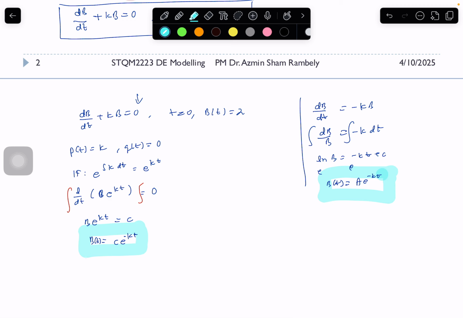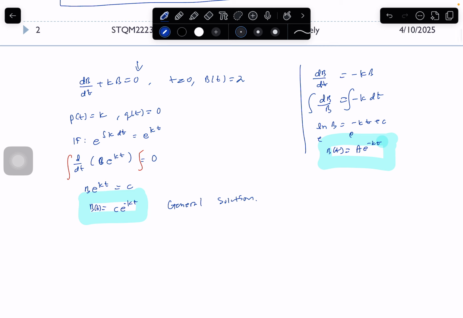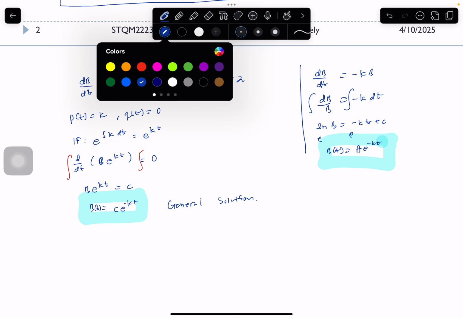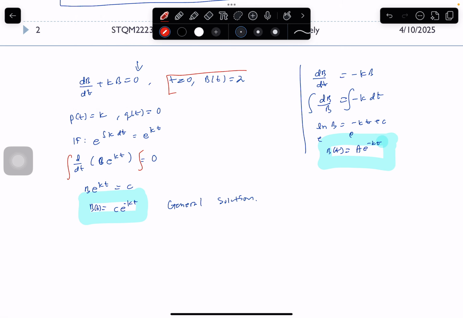But this is the general solution. Okay, so you should be able to derive the particular solution given the IVP. Okay, so the IVP will give you the particular solution.